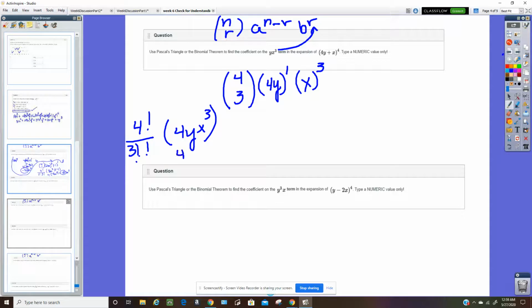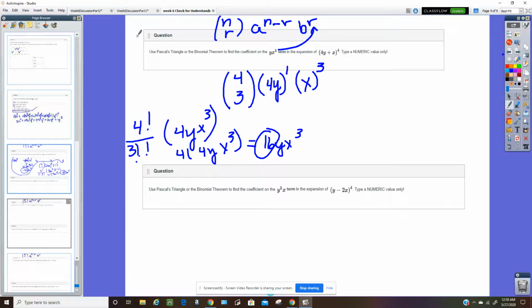So I got 4 times 4y x cubed, which is equal to 16y x cubed. So the coefficient is 16.